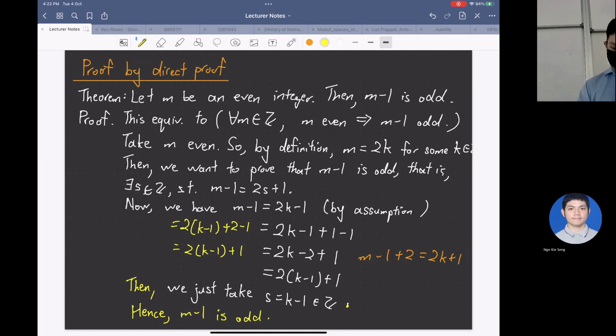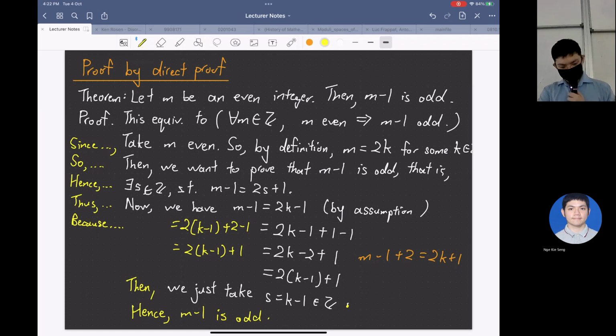So some language you want to learn here is: since something, then something, or so, or hence, or thus, or because.